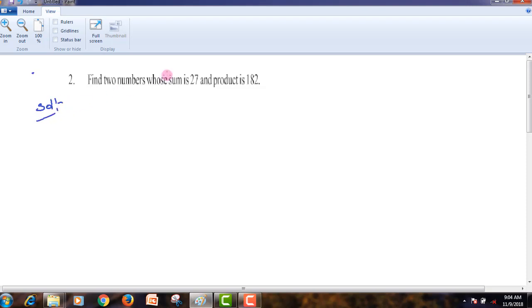As mentioned, the sum of the two numbers is 27. If we suppose the first number as x, then the second number becomes 27 minus x. As per the question, the product of these two, x into (27 minus x), is equal to 182.